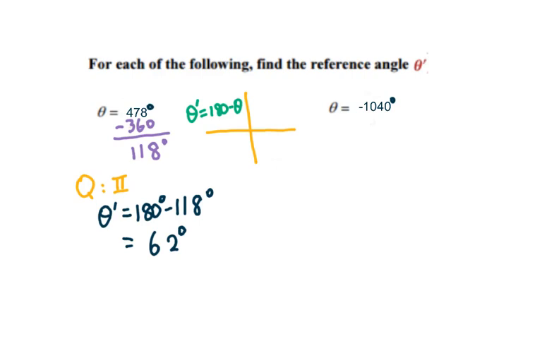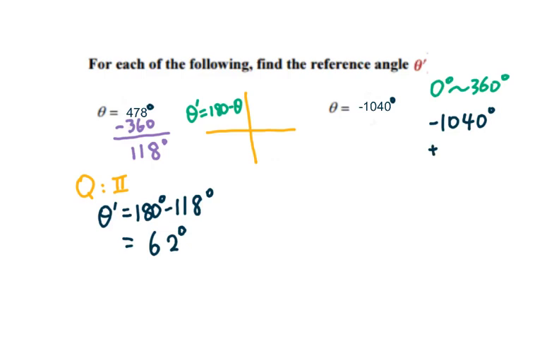Let's go to negative 1040 degrees. Make sure to get the coterminal angle between 0 and 360. So for negative 1040 degrees, I need to add 360 times 3.